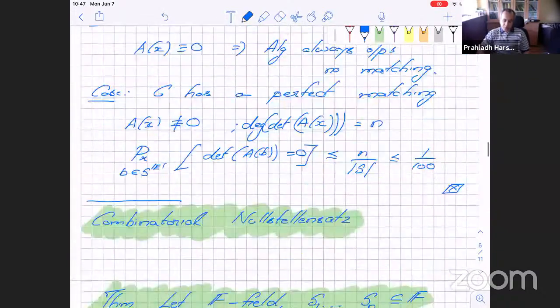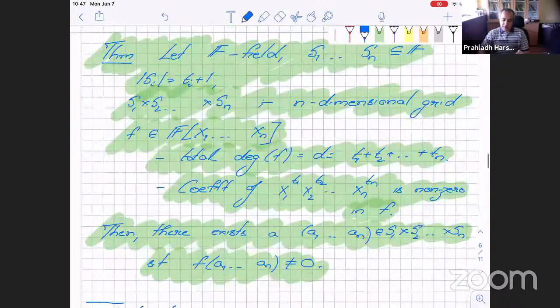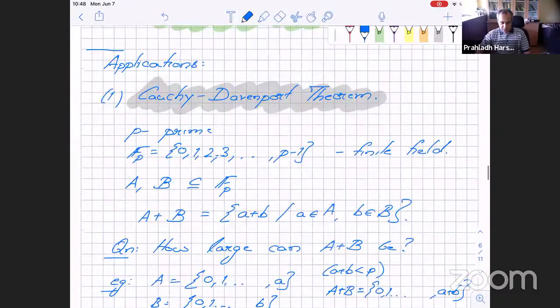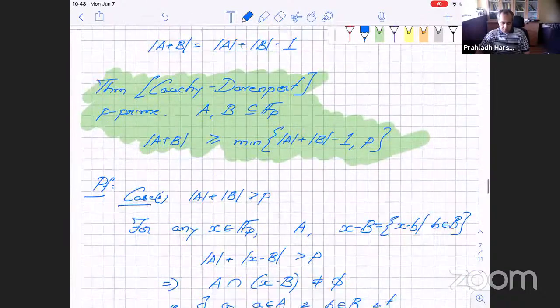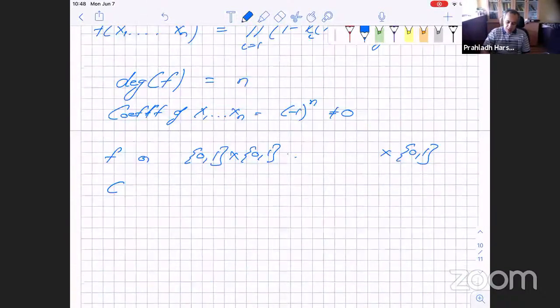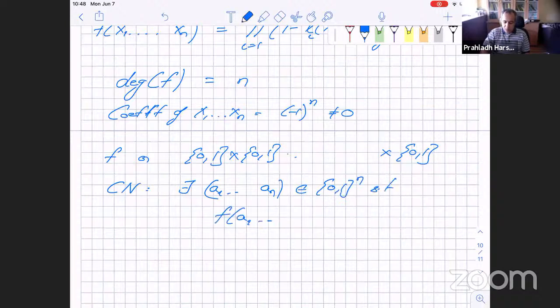Each ti is 1, and the grid in each dimension is 1 larger. Therefore, I'm taking a grid of size {0, 1}. That's all I'm choosing. So the combinatorial Nullstellensatz will tell you there exist a1 to an in {0, 1}^n such that f of a1 to an is not equal to 0.